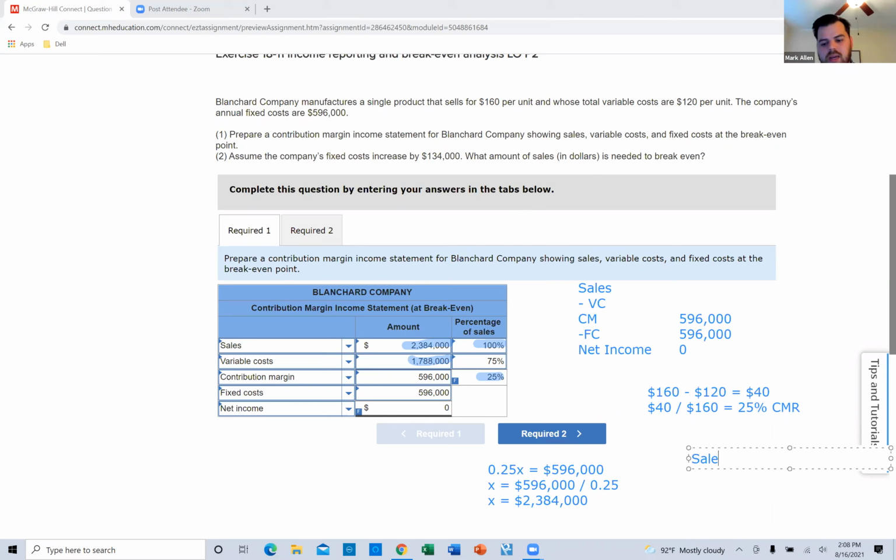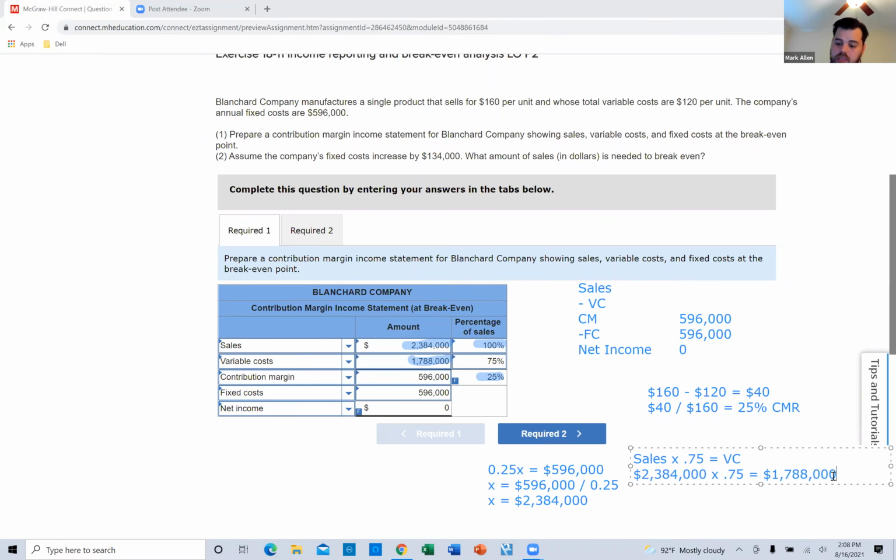And that must mean that sales times 75% equals variable cost. So I'll simply do that: 2,384,000 times 0.75, and that is 1,788,000. Certainly nothing wrong with that option.